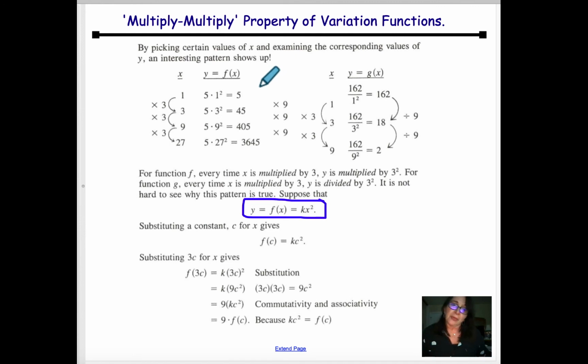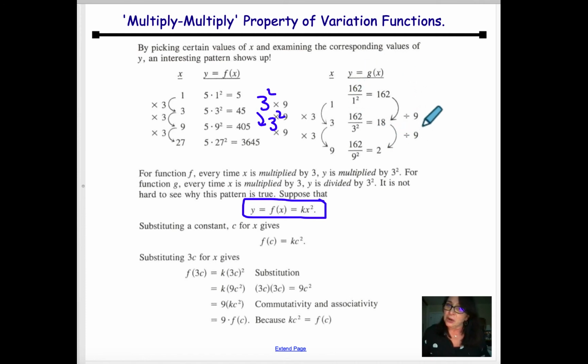But on the right-hand side, whatever value we have for y, let's say it's 5, then for the next value I'm actually multiplying by 3 squared, which is 9. From here to here is another times 3 squared. So that's the multiply property.